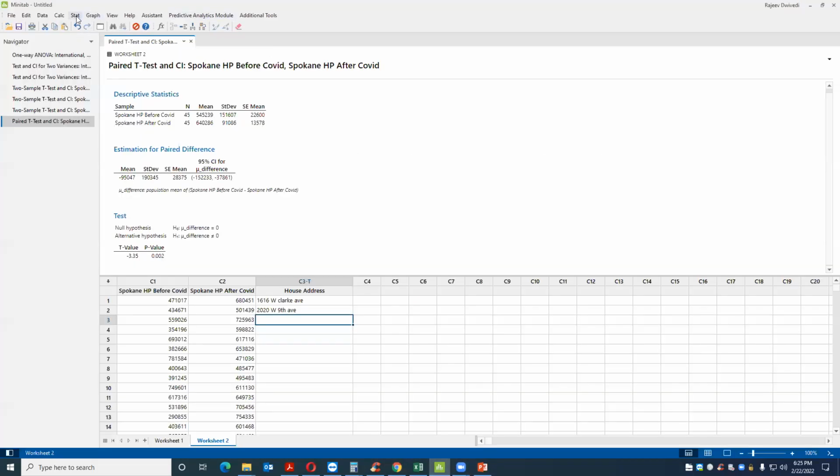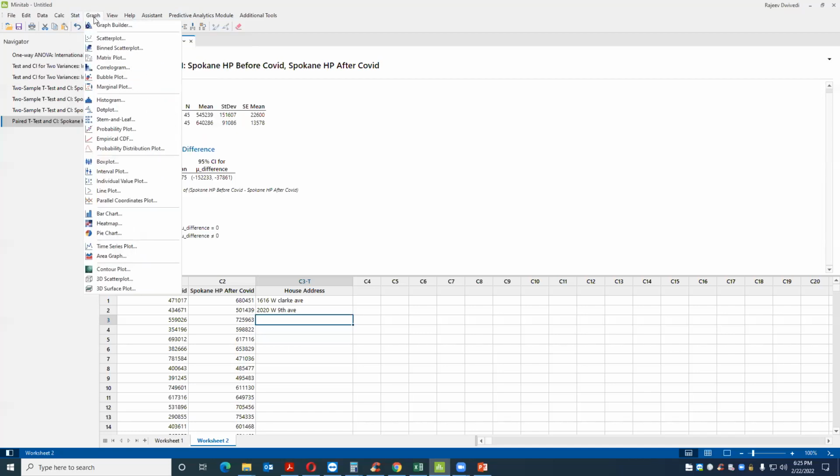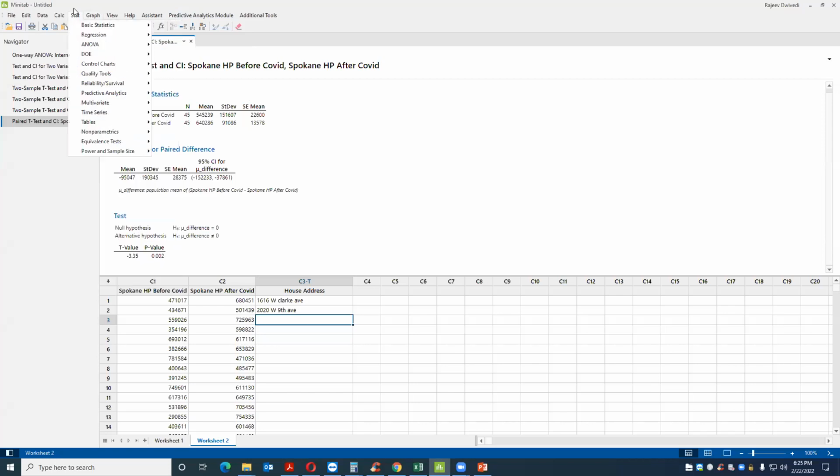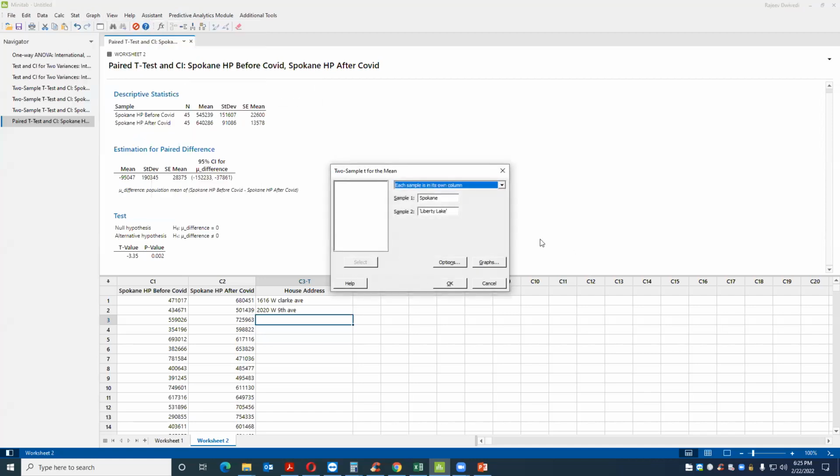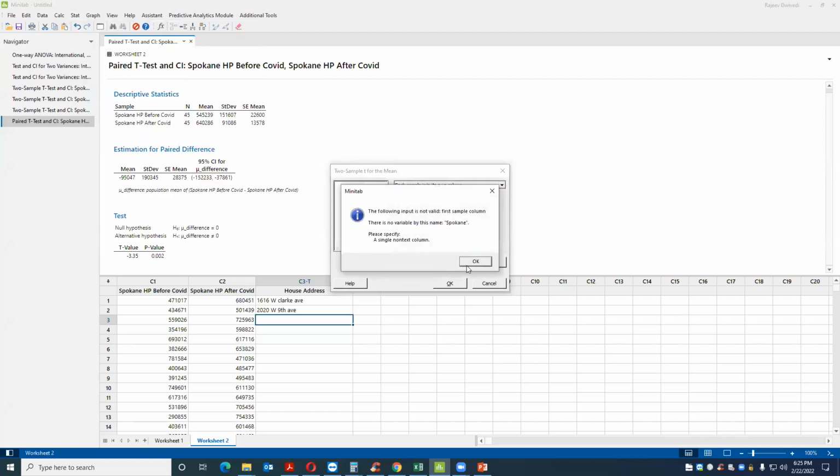Here you can see statistics, basic statistics. I'm just using two sample, and let's see what I am doing wrong. I have to check the new variables.